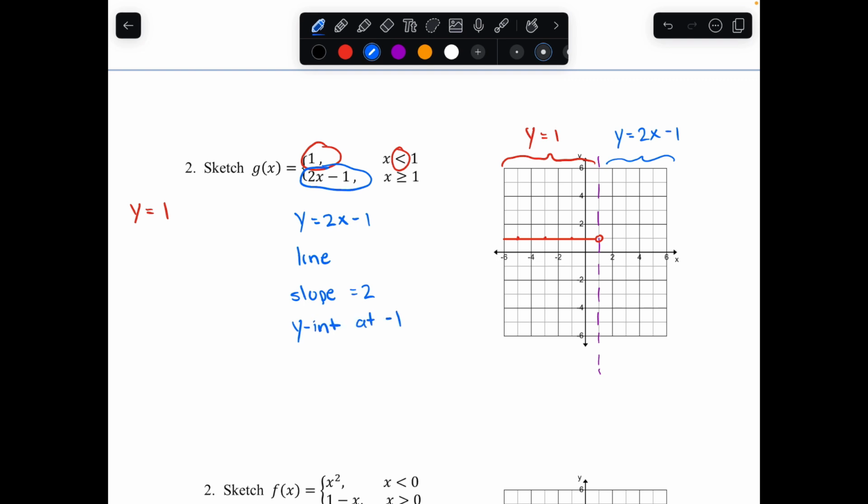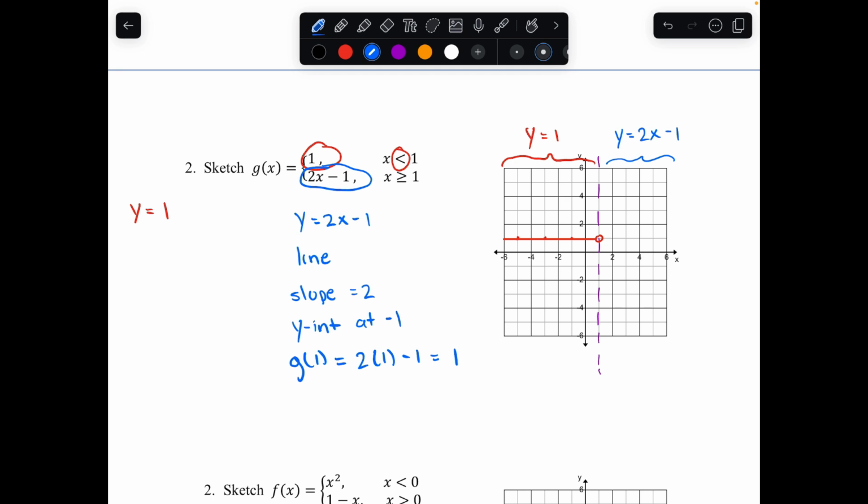However, a y-intercept is the point on the y-axis, so it would be to the left of our line, so it might not be that useful. However, we can plug in any point we want to the right of 1 to get an idea of where to start our function. Since we're including 1 in the domain on the right side, let's just use 1. So, g of 1 is going to be equal to 2 times 1 minus 1, which is going to be equal to 1.